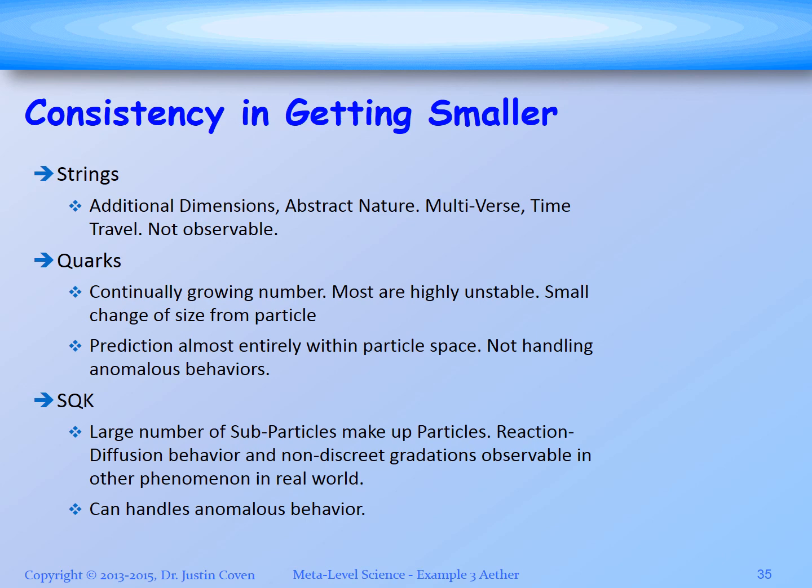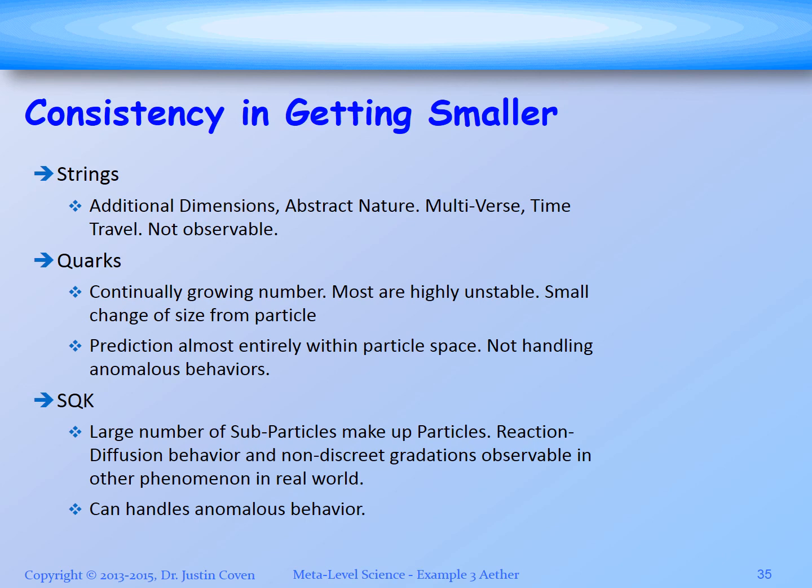With string theory, we have a gross consistency change where additional dimensions, an abstract nature, multiverses, and time travel are all introduced. However, none of these are observable in the real world, and it is also a major consistency change in the behavior of the different integrated models.